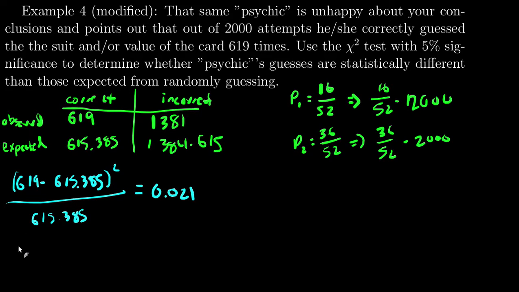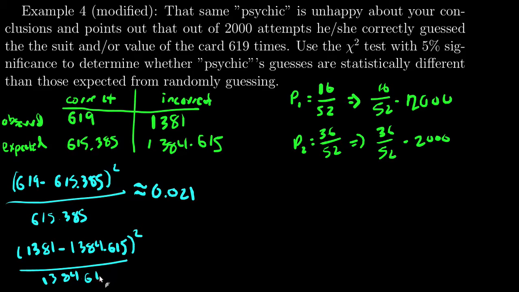And I will do, on the other end of things, 1,381 minus 1,384.615 squared, this should be an approximate, all over 1,384.615, and that will be approximately 0.009. And when I add these together, I get 0.031 approximately.